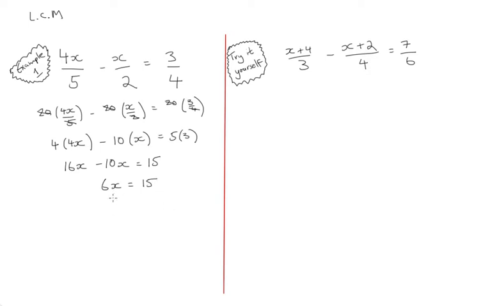Now we need to divide this 6x by 6 and divide the 15 by 6 as well. And if we do that, these cancel, and we are left with x is equal to 15 over 6.